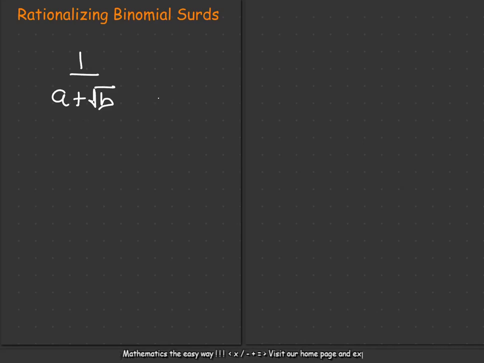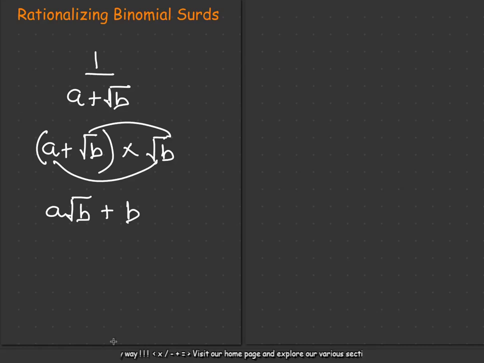You can try it out. Because a multiplies root b, we'll get a root b, and then root b times root b will give us b. The main reason why we wanted to do this was to get a rational denominator. But this you see here is irrational because of this over here.